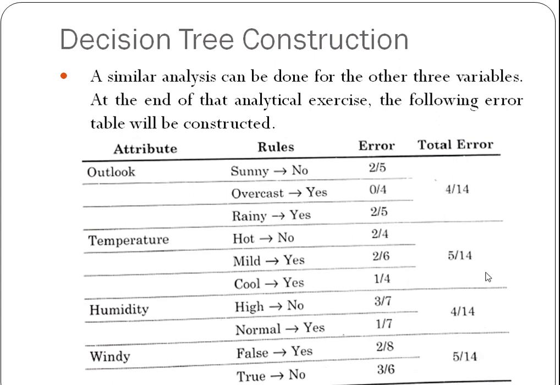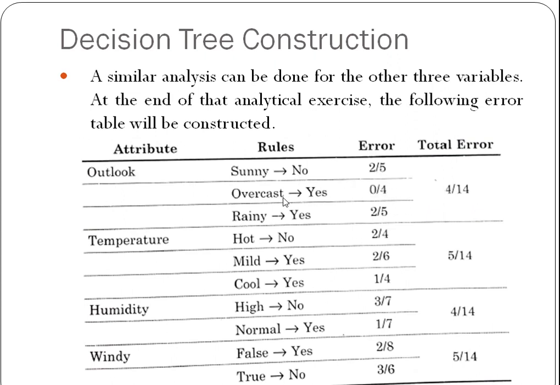Then you have to check which is the minimum error. You have to select that attribute first as the root node. If you see here, we have a tie. Outlook as well as humidity both have the same error, that is 4 out of 14. Then the next thing we should try is to look for purity. What is purity?